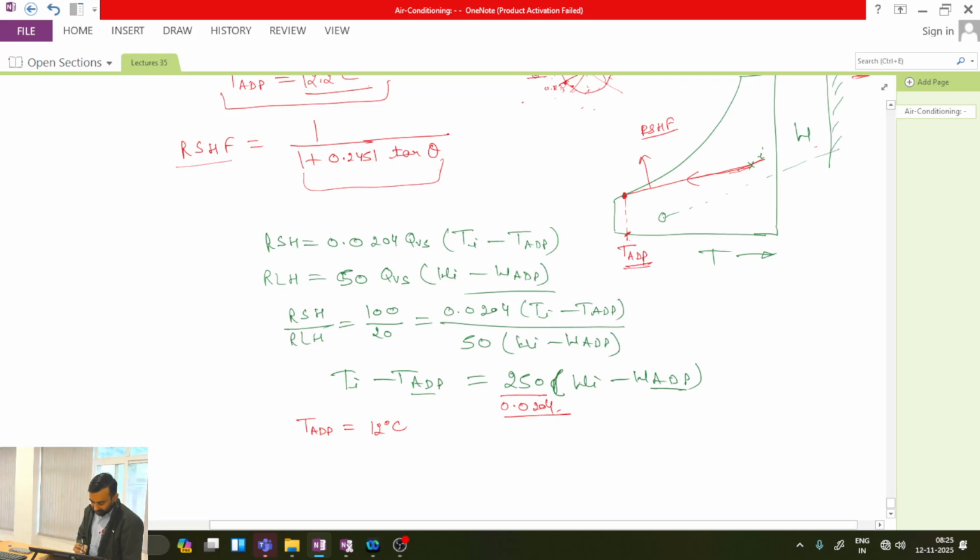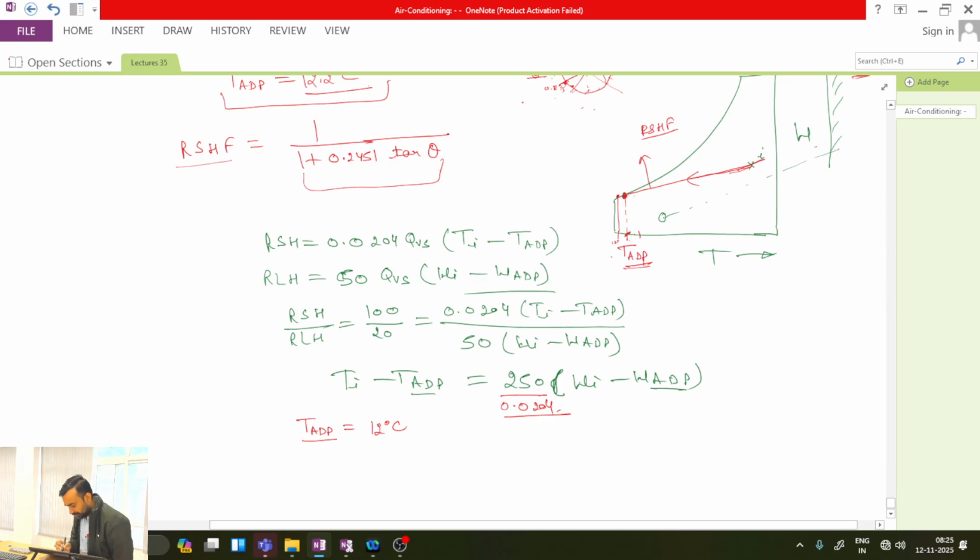So now if I assume TADP equal to 12 degrees Celsius, corresponding to this I can calculate WS. How can I calculate? I will go to the psychrometric chart and choose 12 degrees Celsius, and from here I will take a vertical line which crosses the saturated curve.